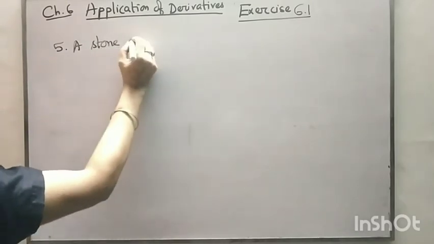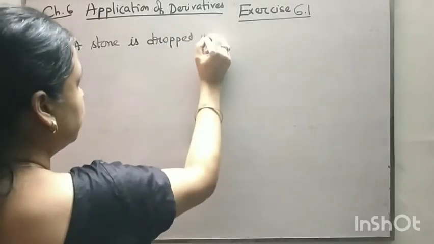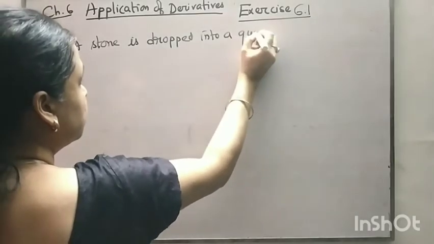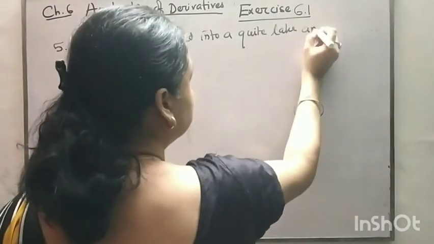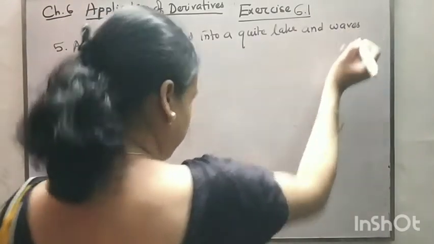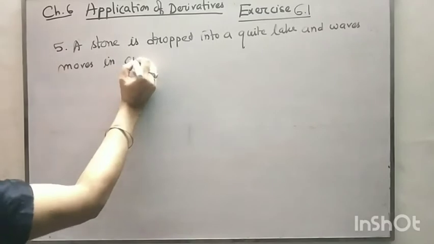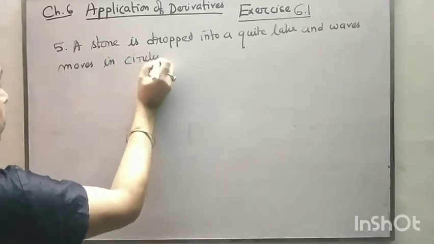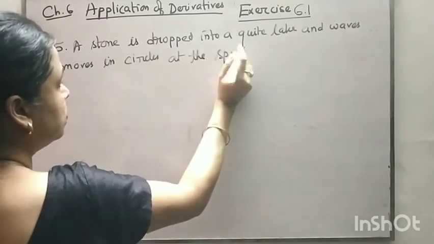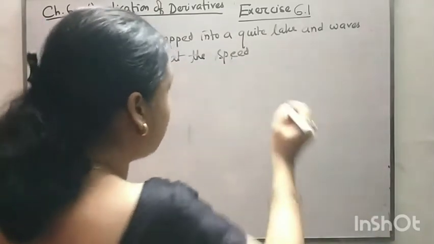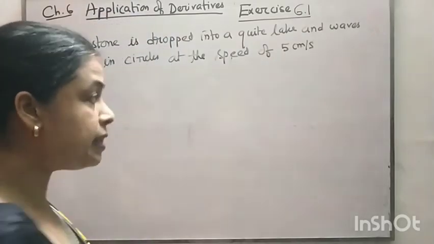A stone is dropped into a quiet lake, and the waves move in circles at the speed of 5 centimeter per second.